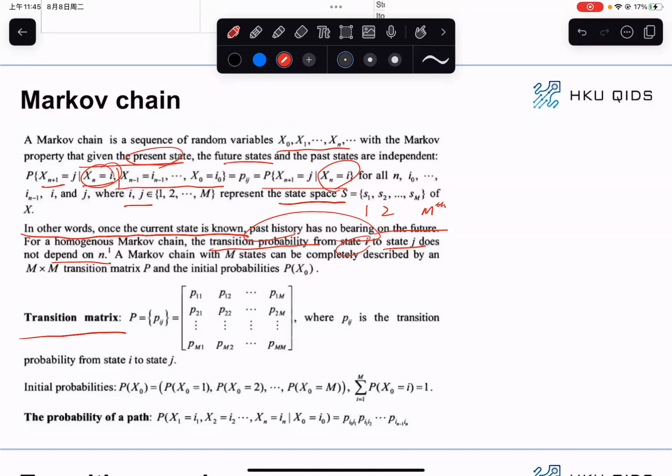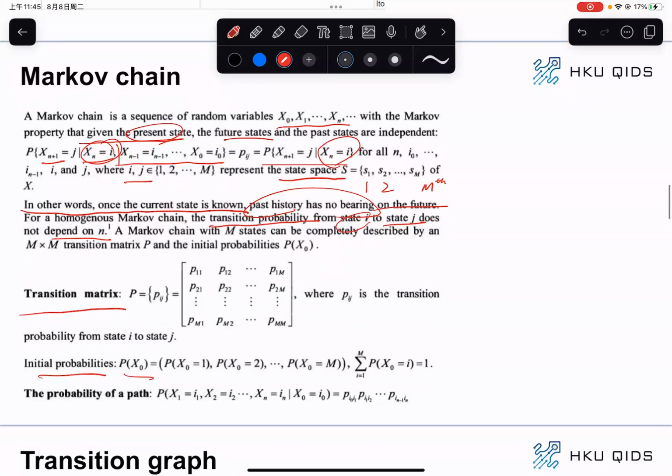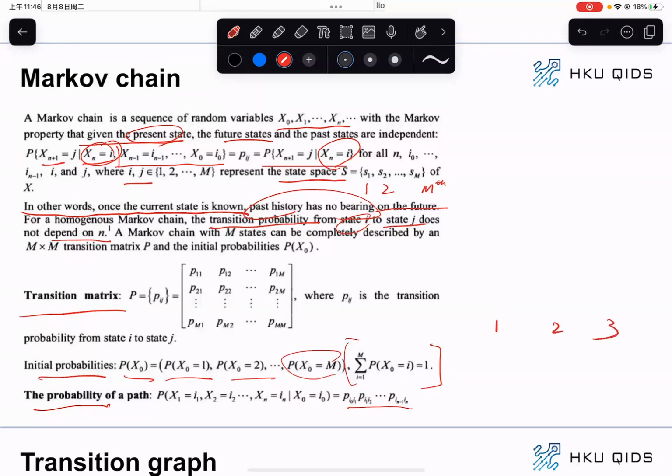For example, for the initial probability, P(x0 = 1), P(x0 equal to any value), they should sum to 1. And then the probability of a path is that if at the first state we are at i1, and at the second state we are at i2, and so on, then we can form a path.